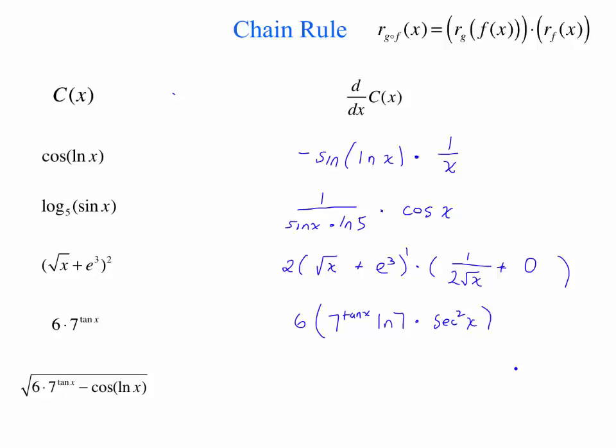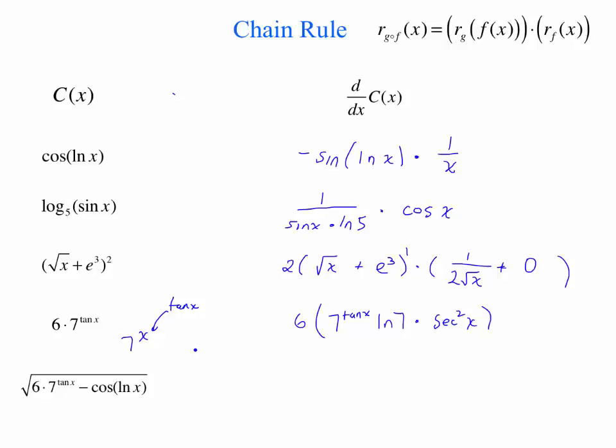So first of all, you have to see this as a constant times a function. Do you see that much? So hold on to the constant times the rate of change of the function. Then you have to see the structure of this, which is basically 7 to the x with tangent x plugged into it. So x is now your independent variable, but then that's a function. So this is a composite function. Your interior function is tangent, and your exterior function is 7 to that something.